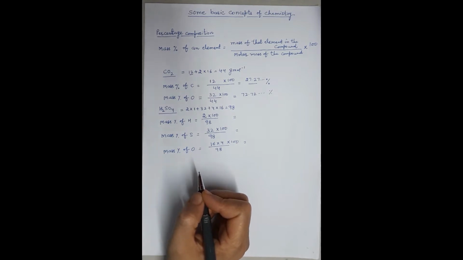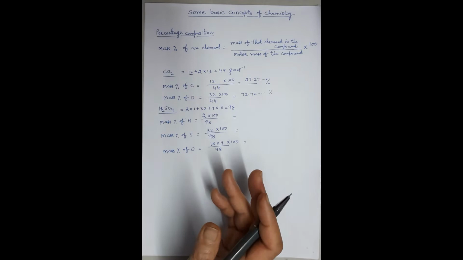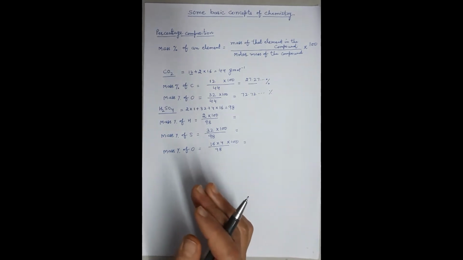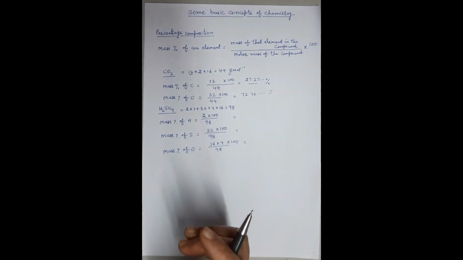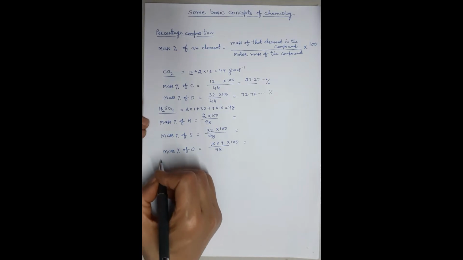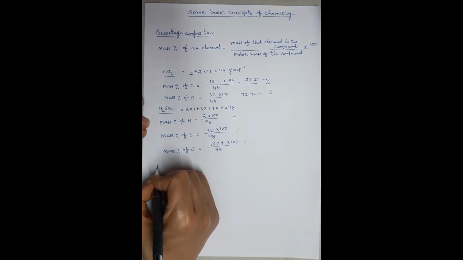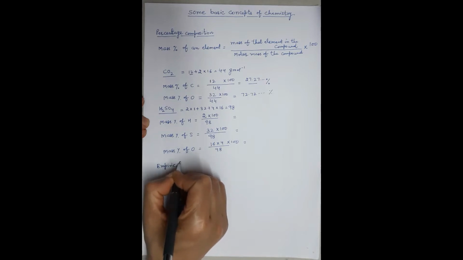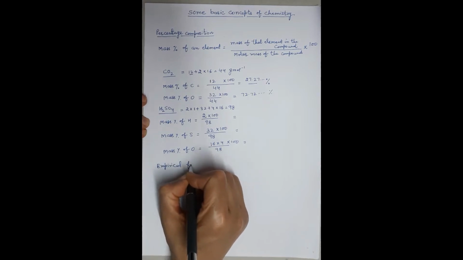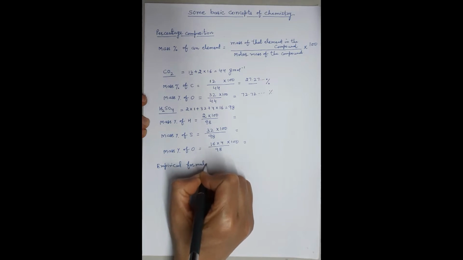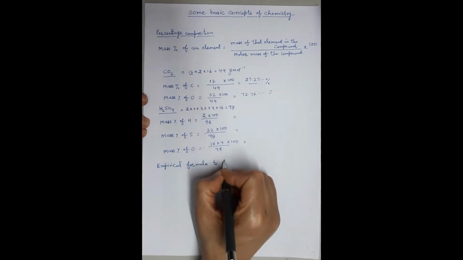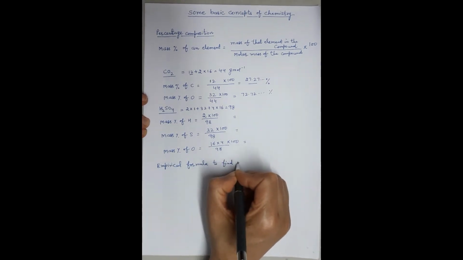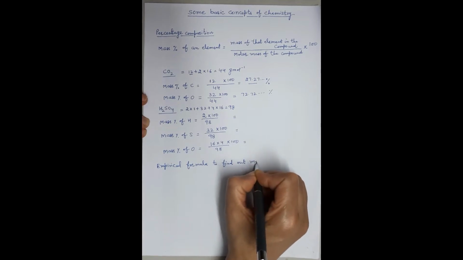So we need to understand what is empirical formula, what is empirical mass, molecular formula and molecular mass. So I'll write down the topic: empirical formula to find out molecular formula.